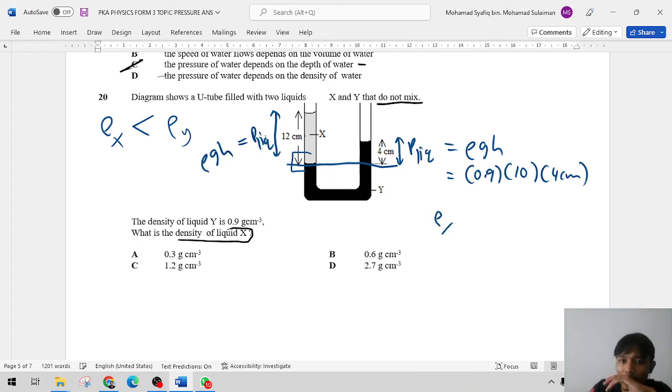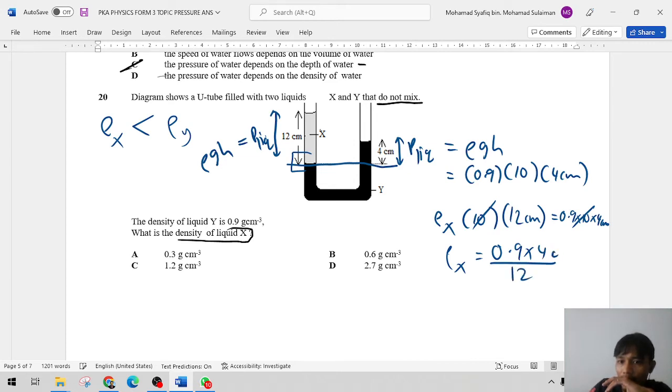The rho in X we want to find, g is 10, depth is 12 cm, is equal to 0.9 times 10 times 4 cm. Cancel out 10, so we have rho X is equal to 0.9 times 4 divided by 12 cm. So cm and cm we can cancel. We got the answer is 0.3 grams per centimeter cube.